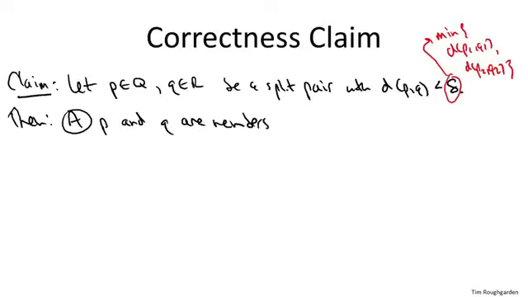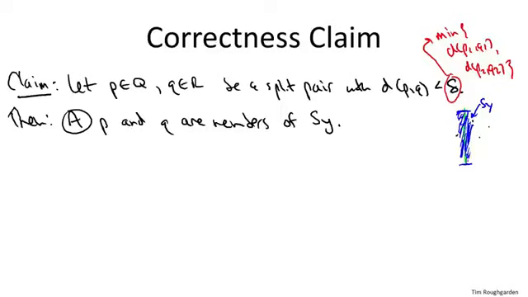Now let me just redraw the cartoon. So remember what Sy is. Sy is that vertical strip. And again, the way we got that is we drew a line through a median x coordinate, and then we fattened it by delta on either side, and then we focused only on points that lie in the vertical strip. Now notice our closest split pair subroutine, if it ever returns a pair of points, it's going to return a pair of points p, q that belong to Sy.